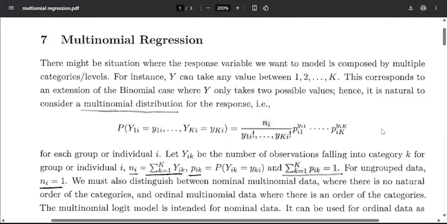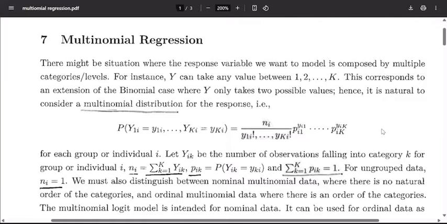But what if the response variable is neither continuous nor categorical? If it is a count, then we make use of the Poisson regression model.